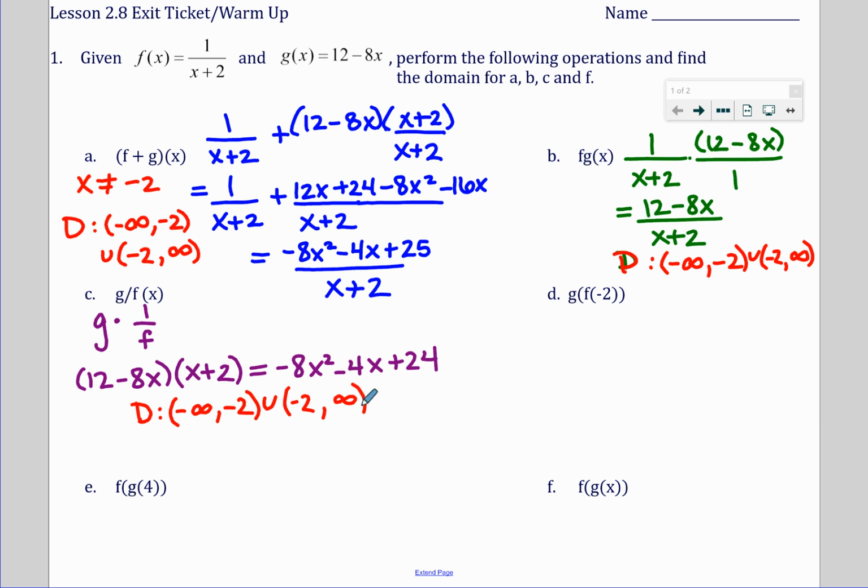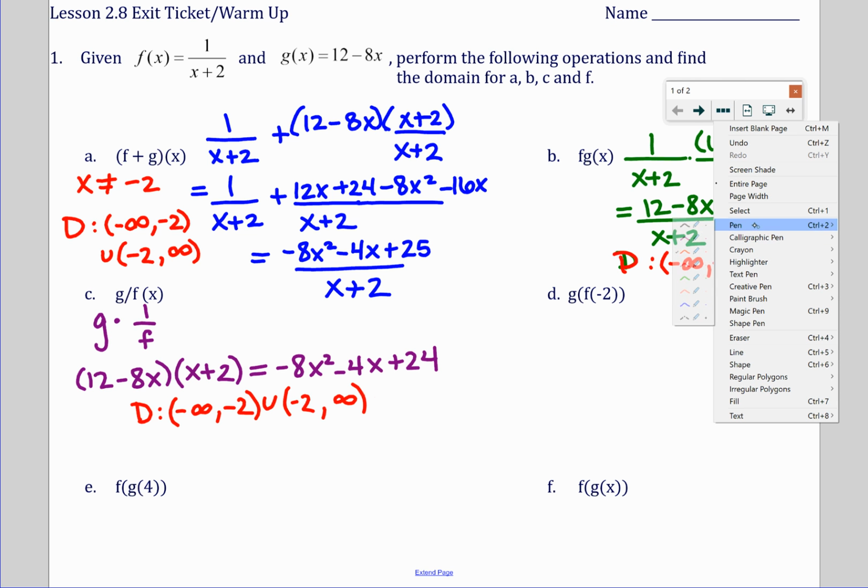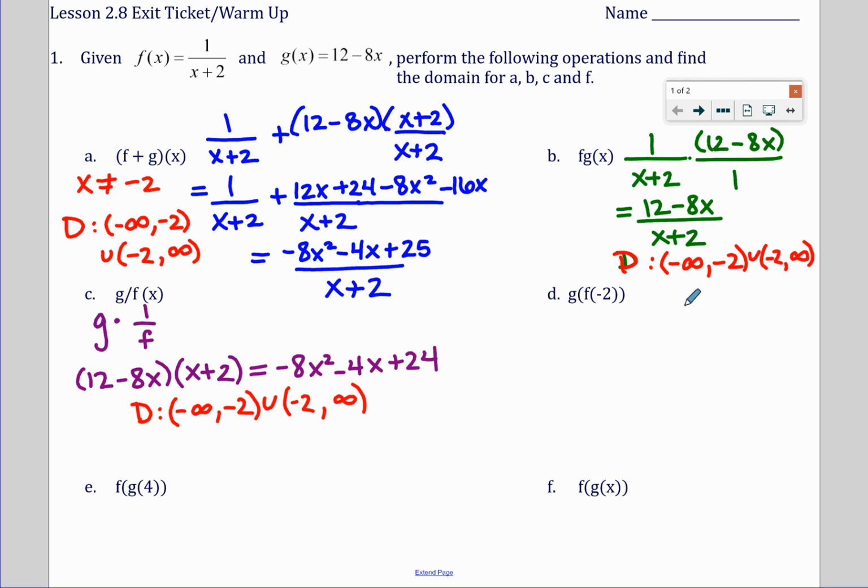D and E should have been a little quicker. Letter D, we start with f of negative 2. We work from the inside out. F of negative 2 means plug negative 2 into function f, which actually ends up being undefined, which means this whole problem will be undefined. Can't go any further than that. Letter E, again, starting in the middle, I have g of 4.